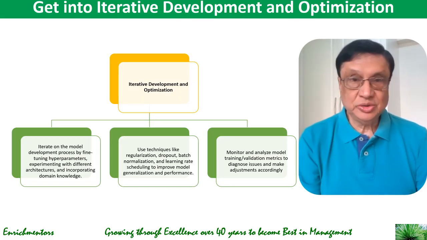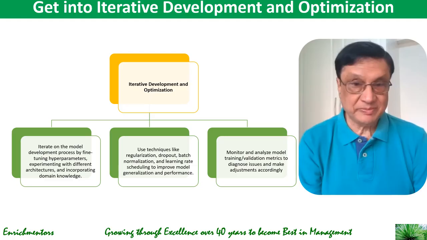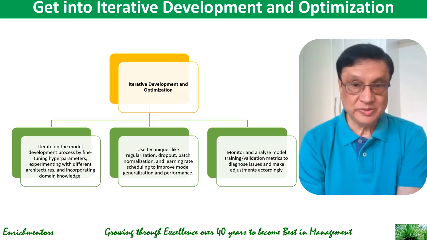So let us get into iterative development process that requires three things to be done. One, iterate on the model development process by tuning hyperparameters, experimenting with different architectures, incorporating domain designs.